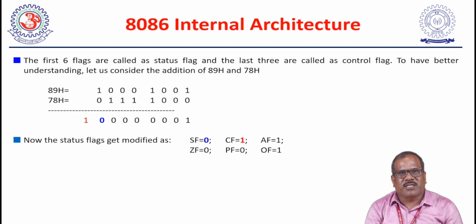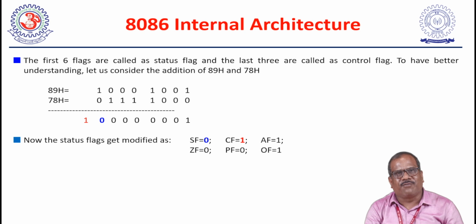Whenever the data size is exceeded, that is the carry. According to this result, our flag status will vary. Because the result is not 0, the sign flag is reset, SF value 0. Here a carry is generated according to this operation, so the carry flag is 1.